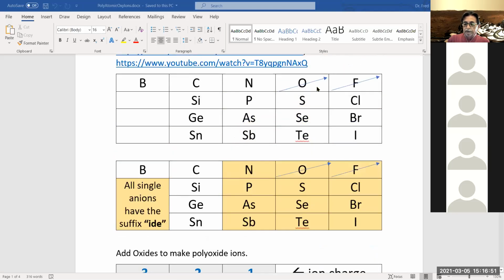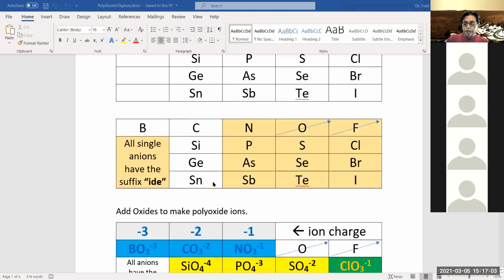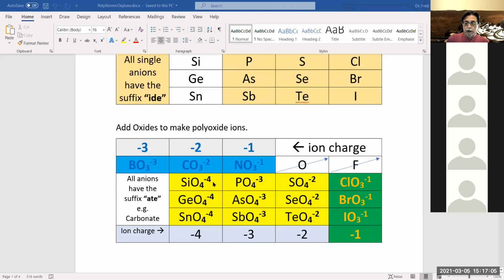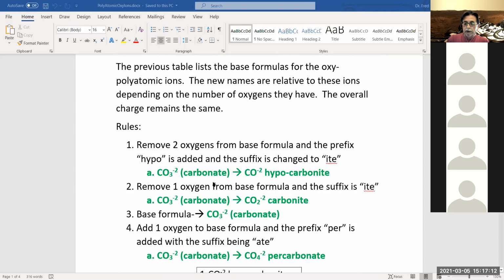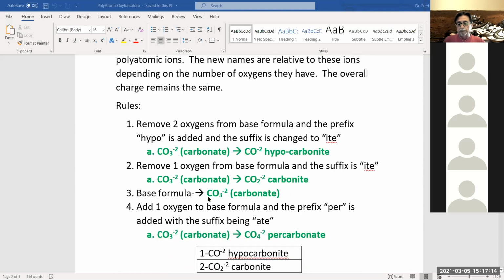We're not using the oxygen or the fluorine, but all the other elements just in this section of the periodic table. They're the only ones that create these polyoxy anions. And so we take carbonate, CO3 -2, and that is the base formula.